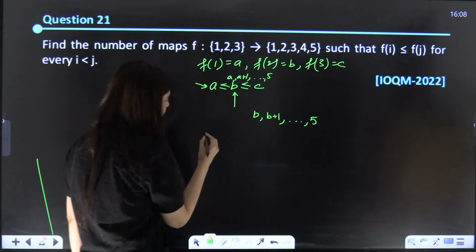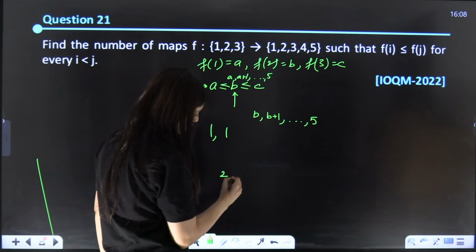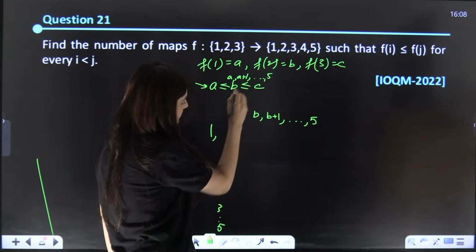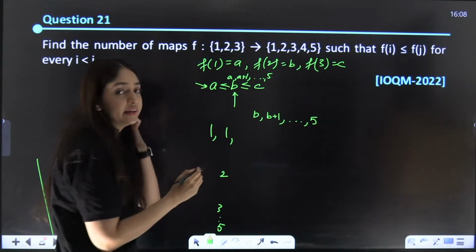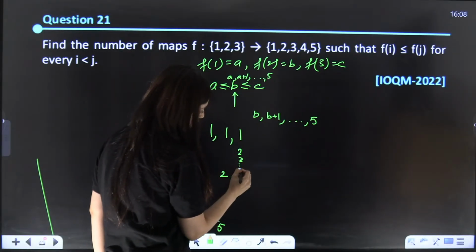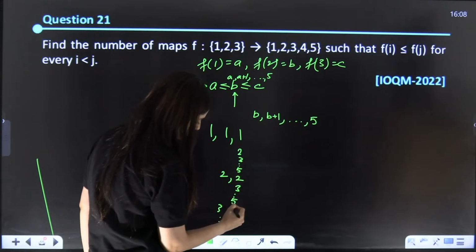So if we have fixed A as 1, then B can be 1 or 2 or 3 up to 5, right? And C can be 1, 2, 3 up to 5. Then again 2, 3 up to 5.